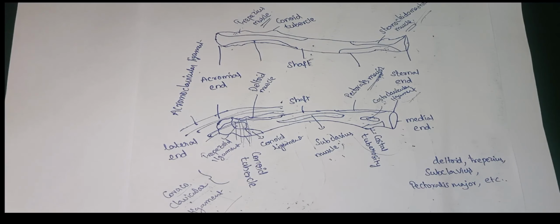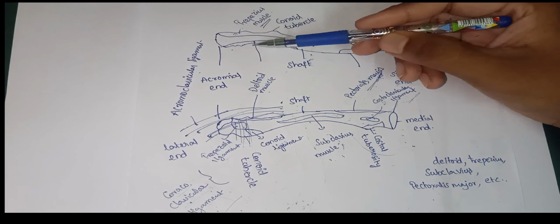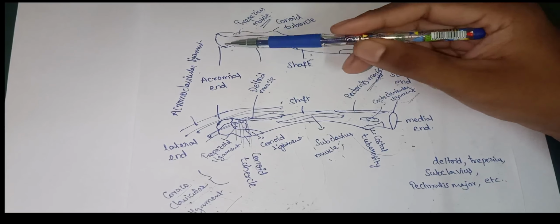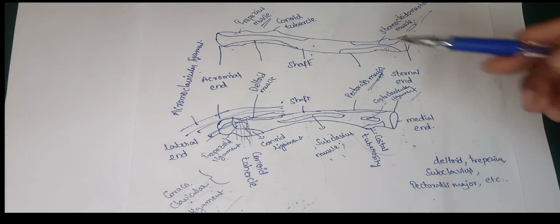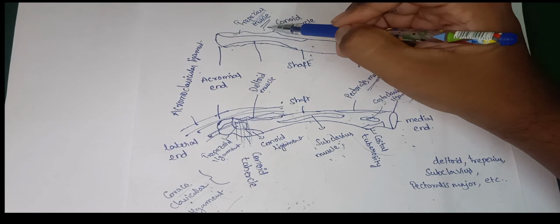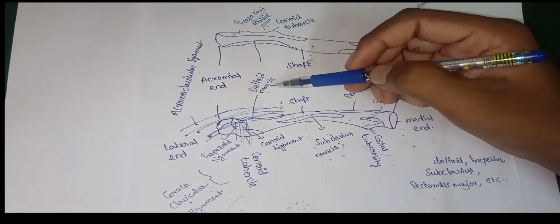As we can see here, two muscles are present on the lateral side of the clavicle: the trapezius muscle and the deltoid muscle.